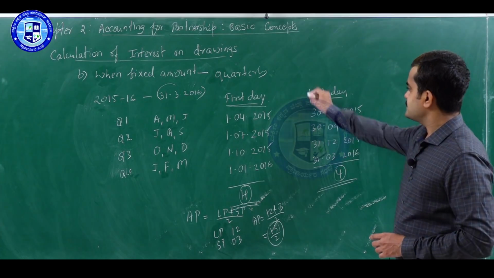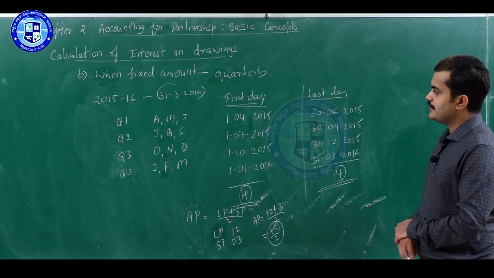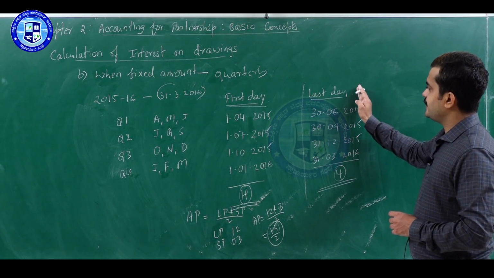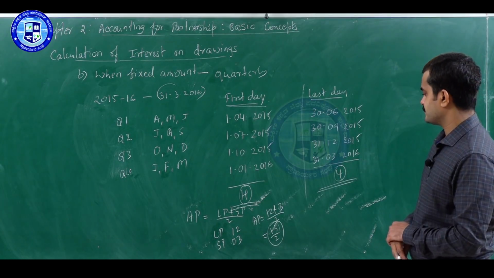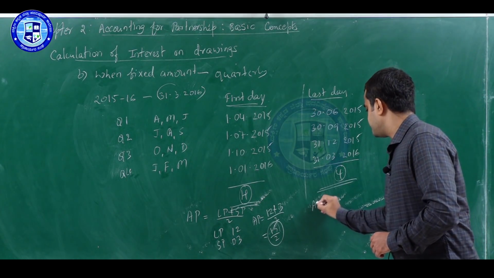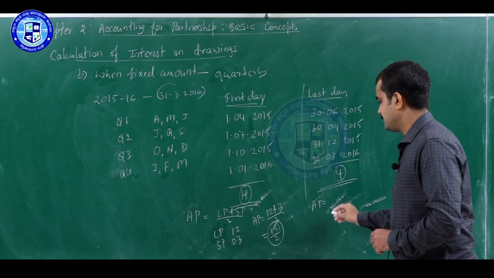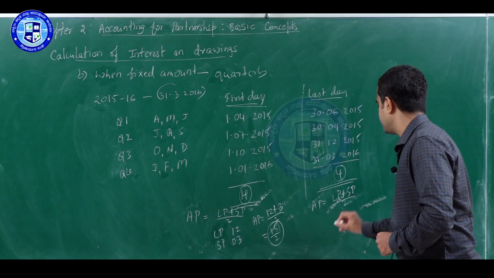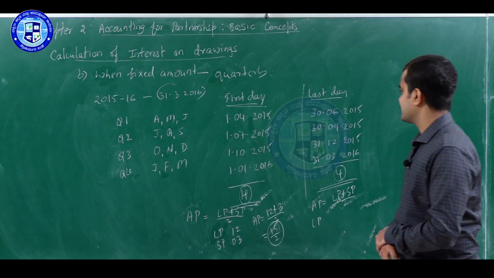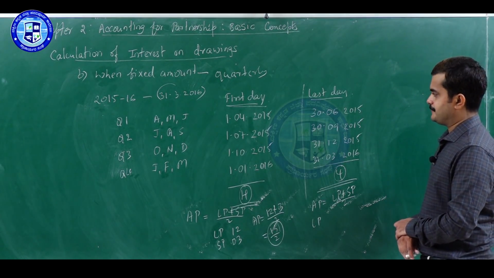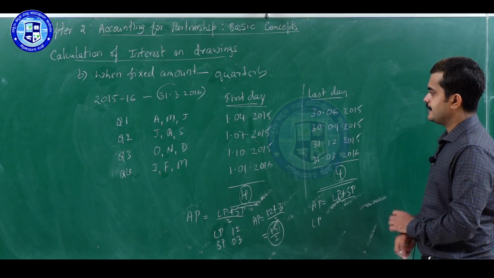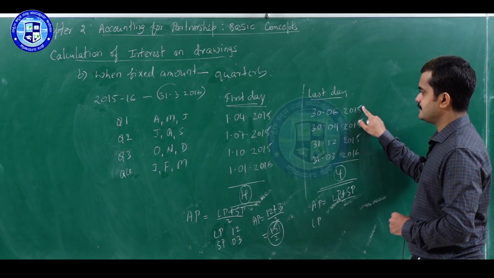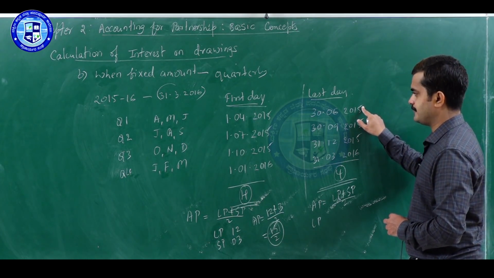Coming to the other case, when withdrawal is made on the last day of every quarter, the average period will use the same formula, longest period plus the shortest period divided by 2. Longest period will consist of how many months? Look at the date of first withdrawal, that is 30th June 2015.